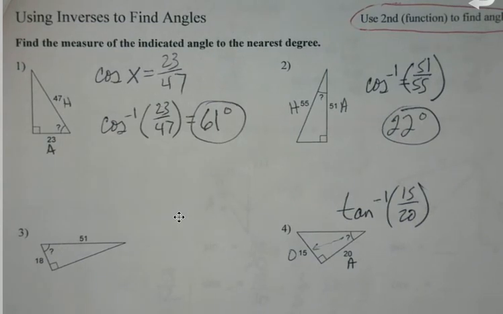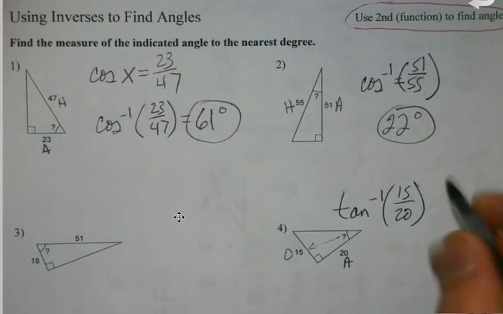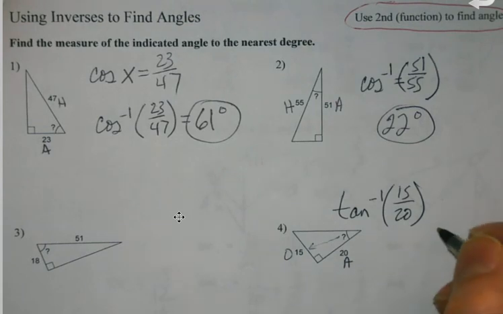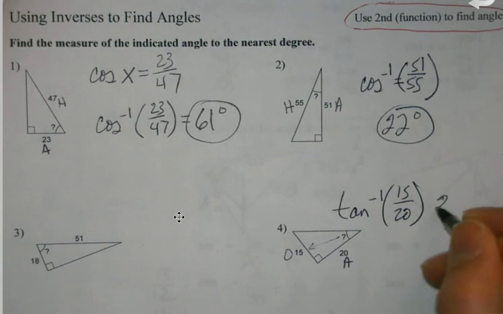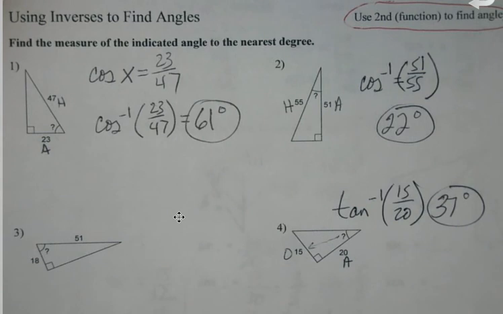That gets me 37. I could reduce the fraction, but whether I have it as 15 over 20 or 3 over 4, when I put it into the calculator, I'll get the same answer out. So that's a good question.